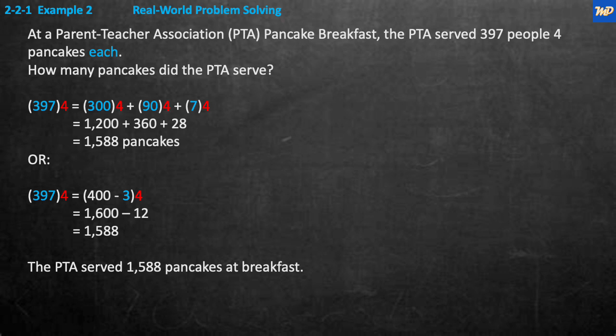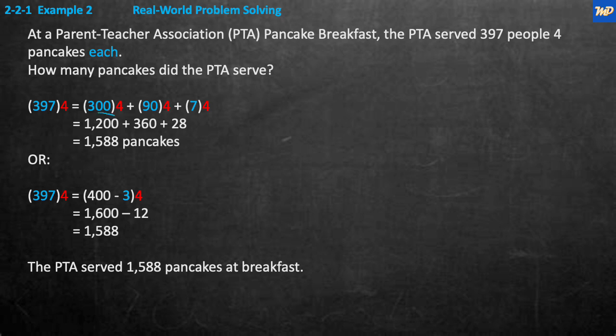So what it's showing us is that we're going to take a way of breaking this up. You can break this up into hundreds, tens, and units. This is what they did here. They did 300 times the 4. So this bigger number, you can take the 4 times each one of those individually. So we have 300 times the 4 is going to be 1,200.